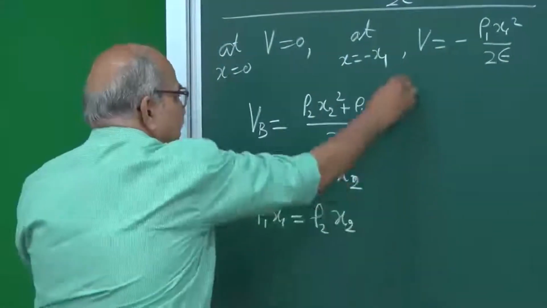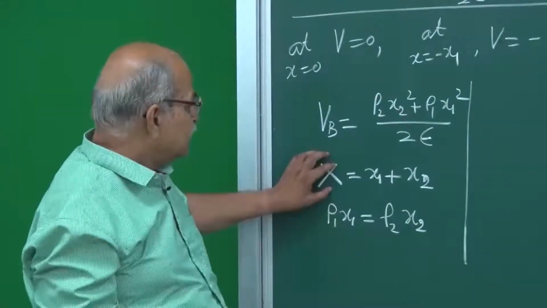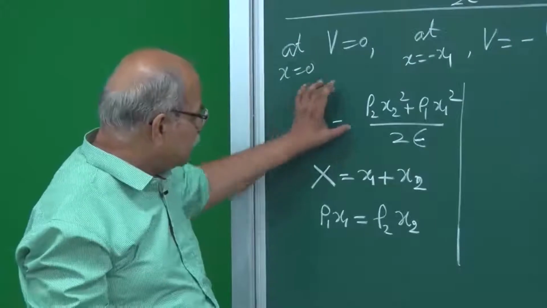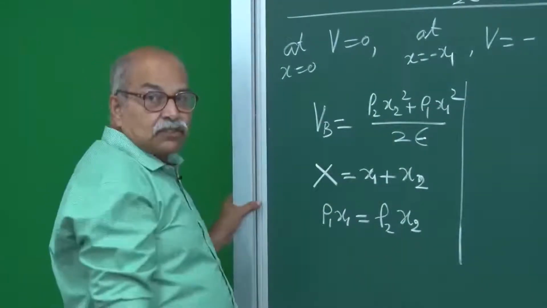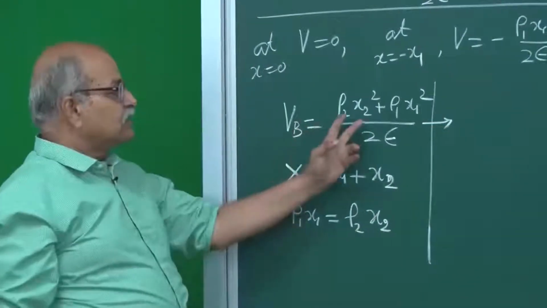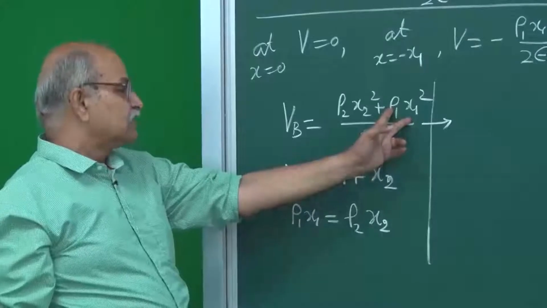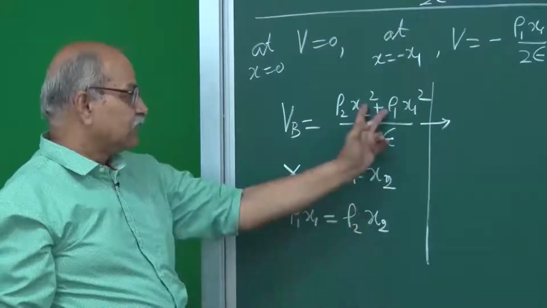From these we can write capital X in terms of VB, rho 1, rho 2, eliminating x1 and x2. So, first step is write this rho 1 x1 as rho 2 x2. Use this equation here.